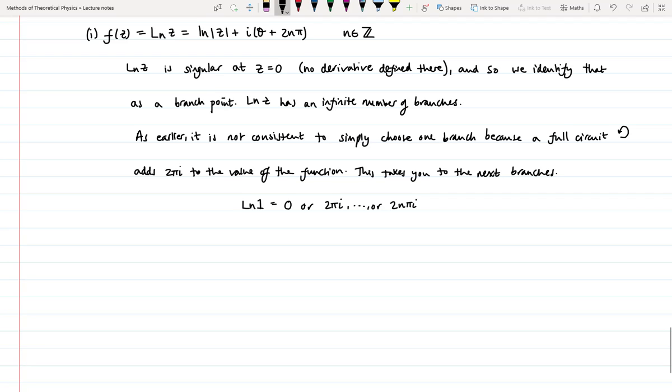A common way of visualizing this is using something called a Riemann surface. We'll need 3 axes for this. We have the real part of z, the imaginary part of z, and this is going to be the imaginary part of the multivalued logarithm of z. For some fixed modulus of z, rotations about the branch point z equals 0 simply add multiples of 2 pi i to the complex logarithm.